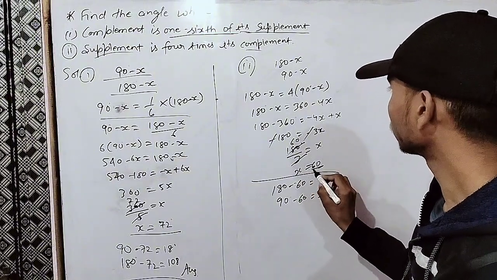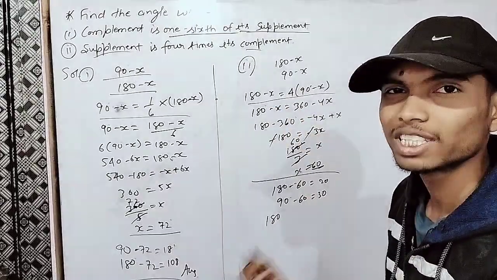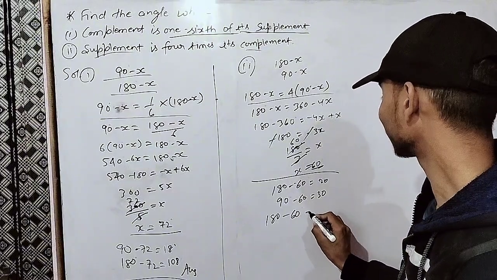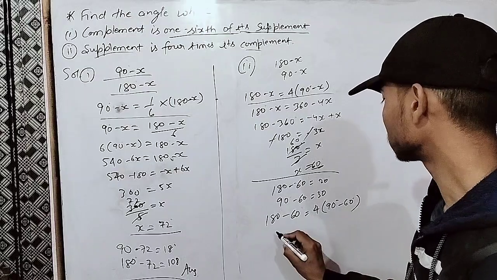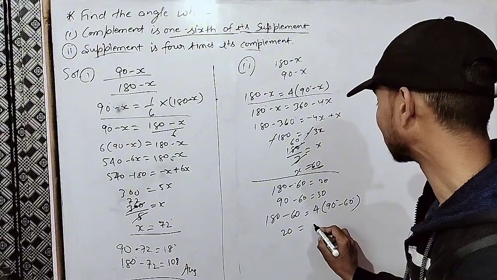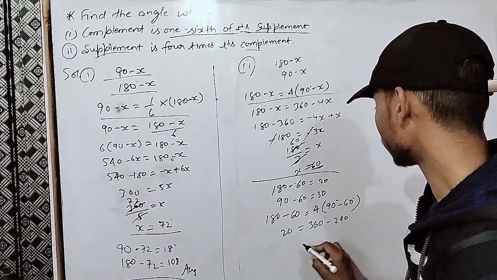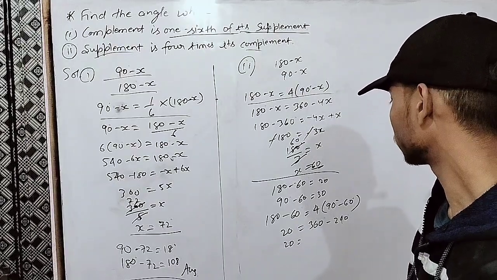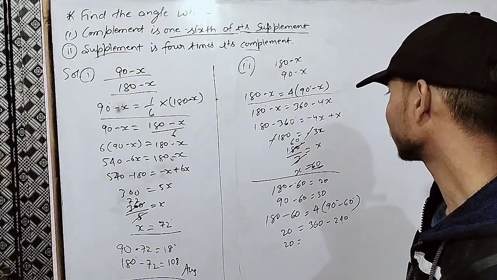Now put this value into this equation to check whether our answer is correct or not. 4 times 90 minus 60, clear? 4 times 30 is 120. LHS is 120 and RHS is 24. I think the answer is incorrect.